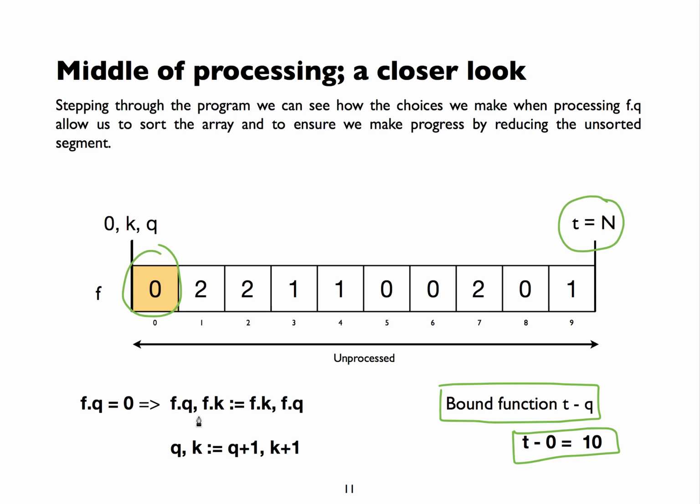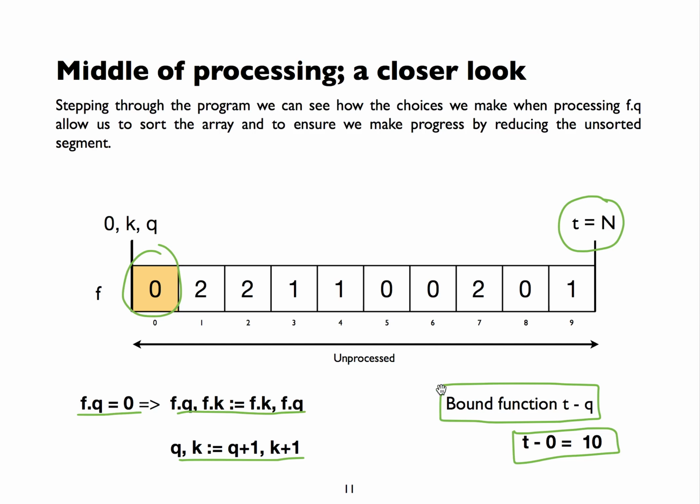I've also laid out the steps that we need to take in each particular case. So if f.q is a 0, remember we're swapping f.q with f.k, and we're incrementing q and k. When we step through this, you need to pay attention to each case and what happens.